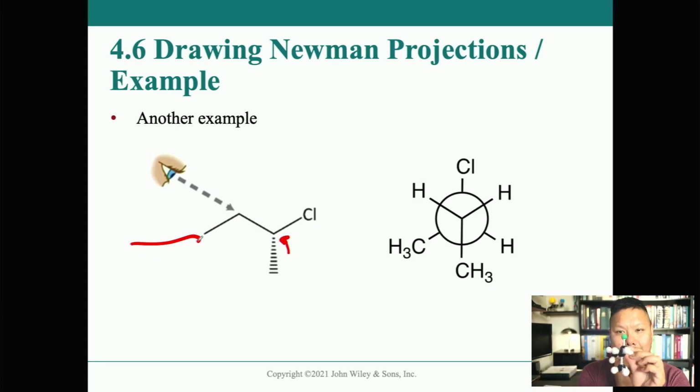Notice that the chlorine is at the top, and the methyl group here was a dash wedge, so when it was laying flat, it was going towards the paper, not towards you. But now the methyl group is on the left side, and the hydrogen that I was holding onto is on the right side, right here.